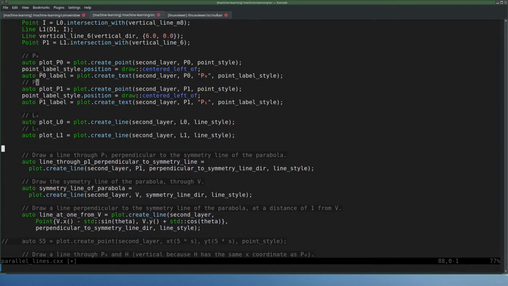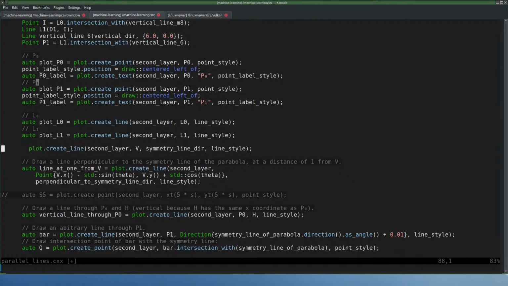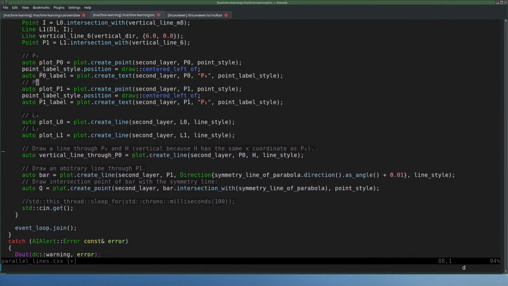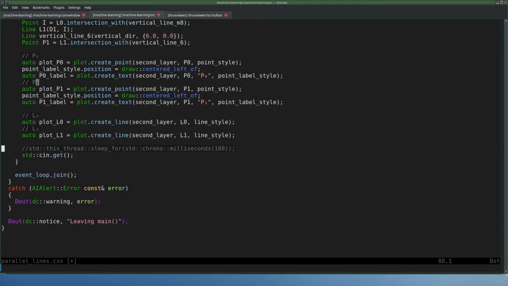Probably should draw the intersection point as well. Delete the rest. As vertical line through P0. I can just quit here, I think. I think that's necessary.